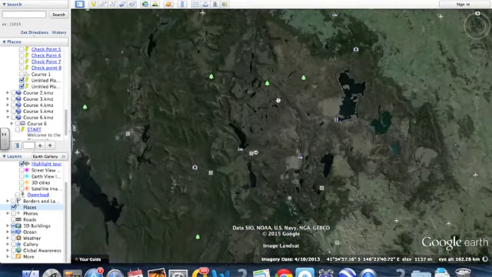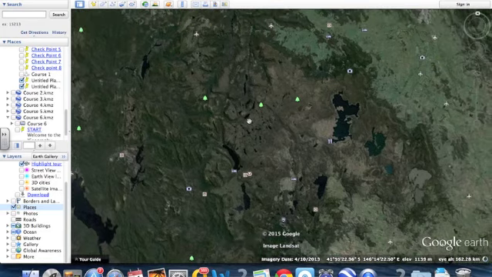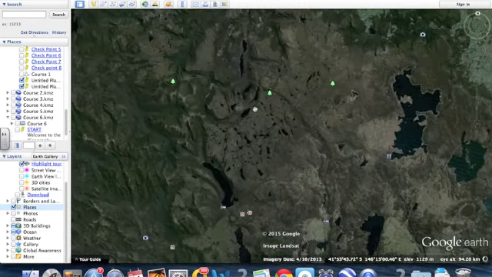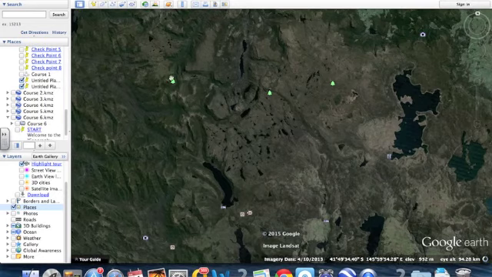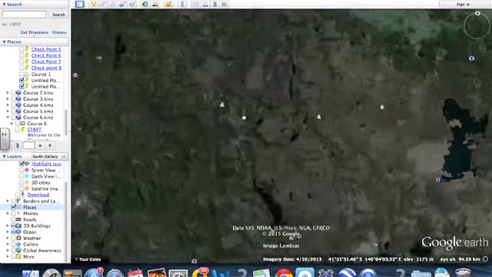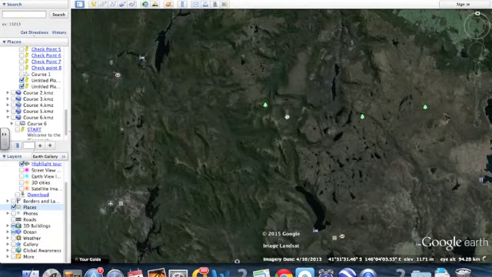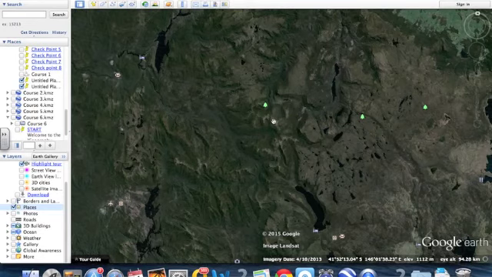Now Cradle Mountain can be found somewhere in here. Cradle Mountain, Lake Sinclair National Park. Okay, so if you get the chance to go there, you should. Its height is 1,545 metres tall, and it's one of the few places in Tassie that gets lots of snow, right up high.